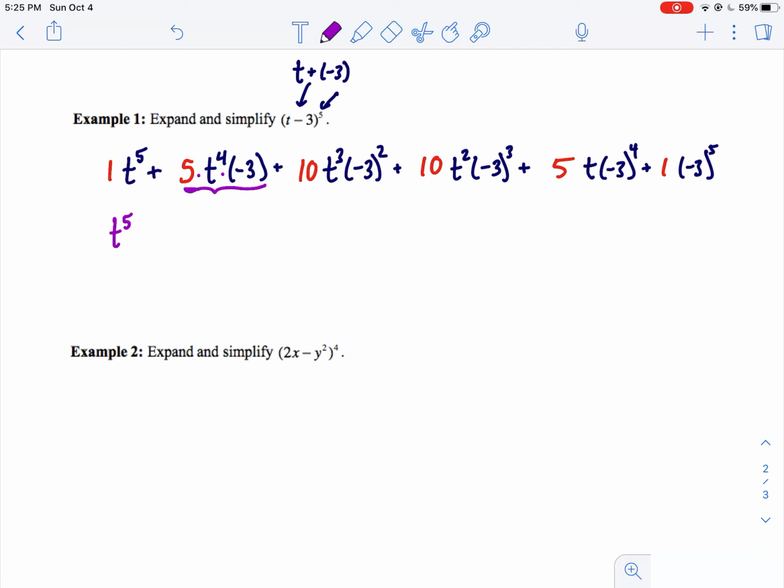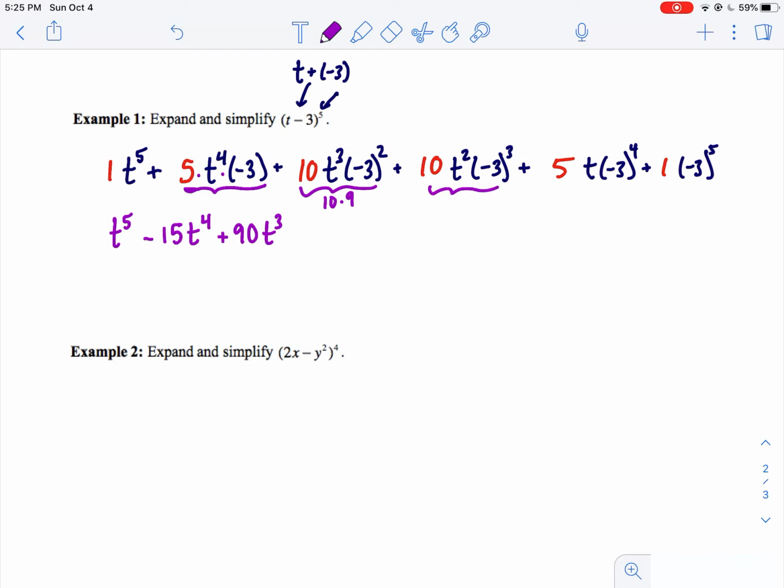So 5 times -3 would be -15 t to the fourth. And then when I multiply this next one, notice I put that -3 in parentheses because -3 is getting squared. So I'm actually then going to have 10 times 9 right there. So I'm going to have 90t cubed. Okay.